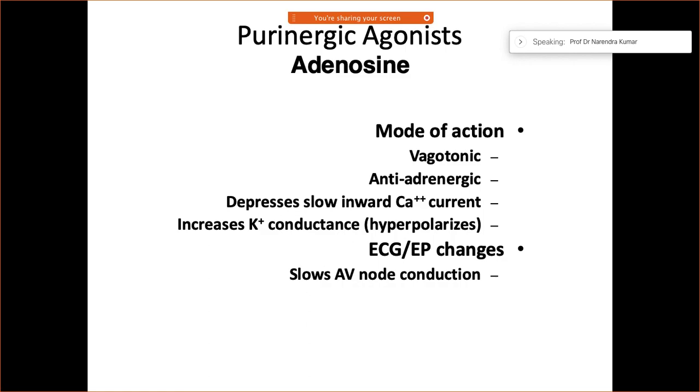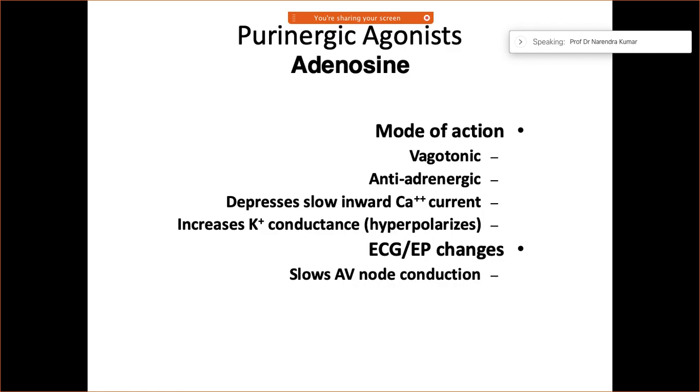Purinergic agonist is a fancy way to describe adenosine. Currently, it is the only medication in this class, although different attempts at varying the molecule have been made in an attempt to capture patents and also increase profits at different drug companies. Its mode of action includes a direct effect on the slow inward calcium current and increasing the potassium conductance, therefore hyperpolarizing the cell.